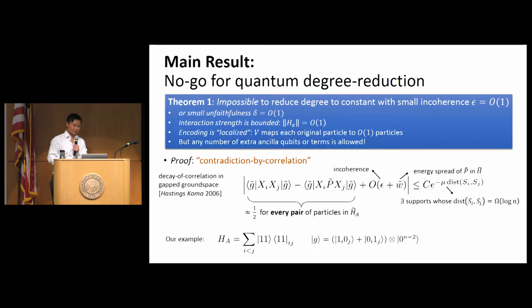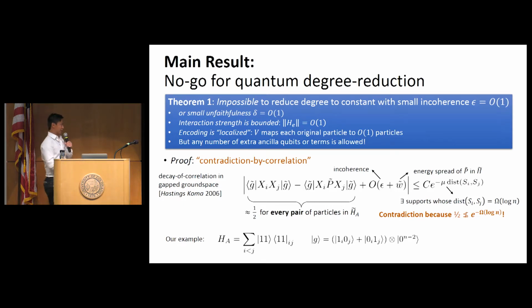However, if you look at the right-hand side, if we assume that h tilde is a constant degree Hamiltonian, that means that there must exist two observables whose supports are at least distance log n apart. And obviously this is the contradiction, because 1/2 is not less than some number that vanishes, and therefore it's impossible to reduce the degree to a constant for our example H_A.